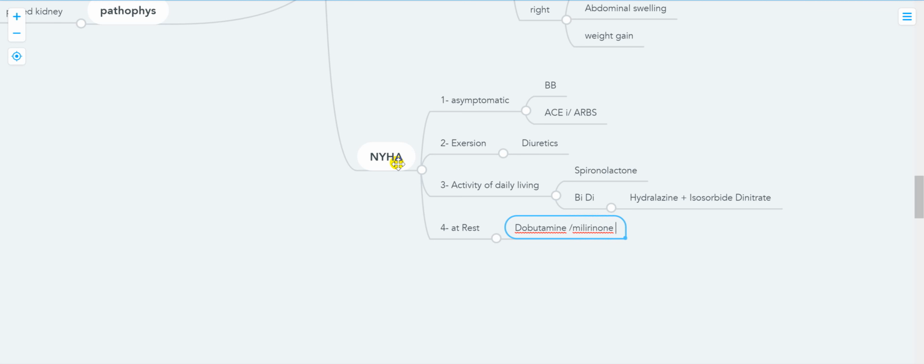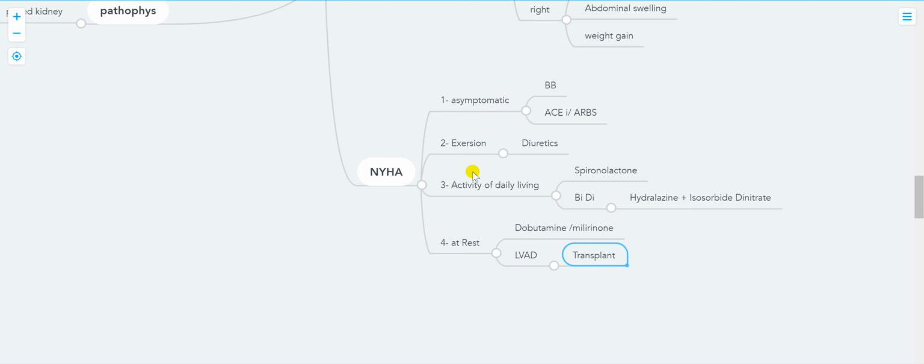Or if these didn't work, then we can consider a left ventricular assist device, or even a heart transplant. So this is for class 4 heart failure.